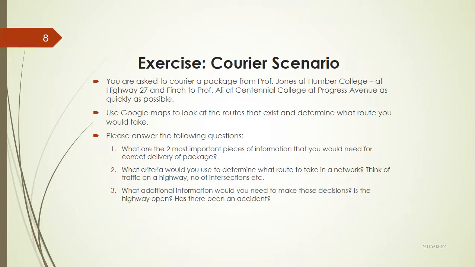Your decision as to which specific highway or road you take will be determined by the number of stop signs, the amount of traffic, and any information on specific accidents that might have occurred.